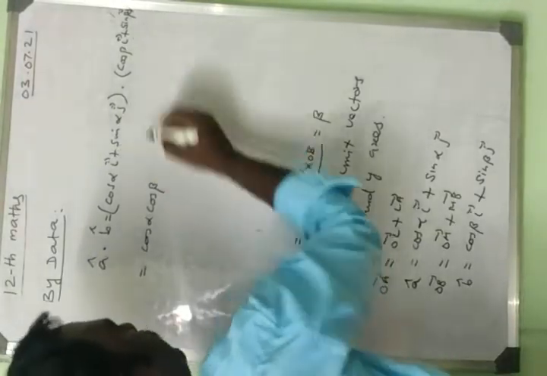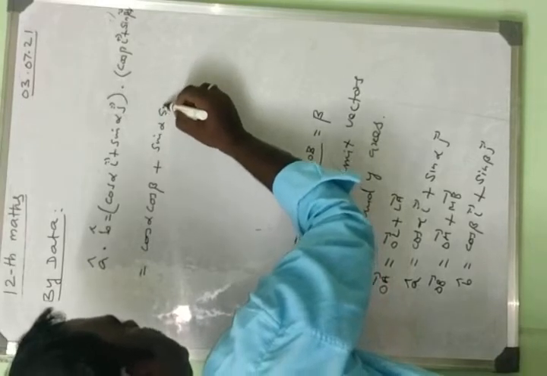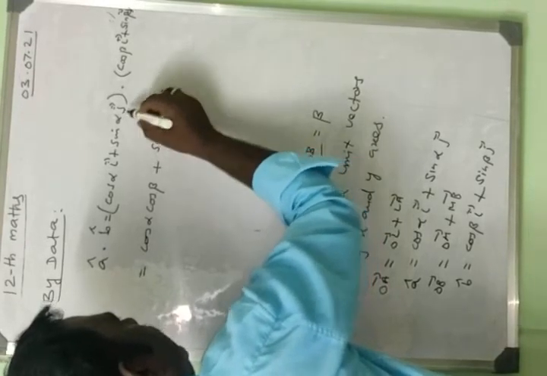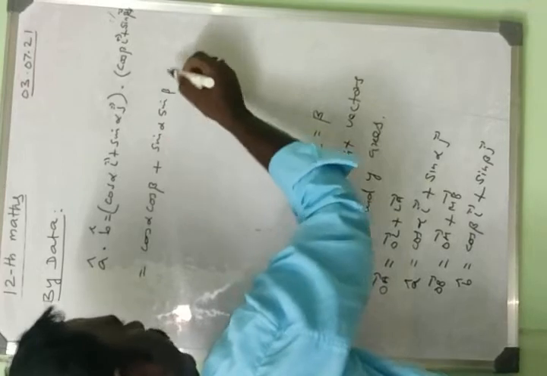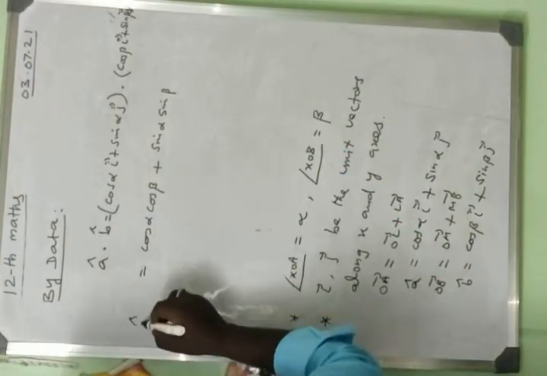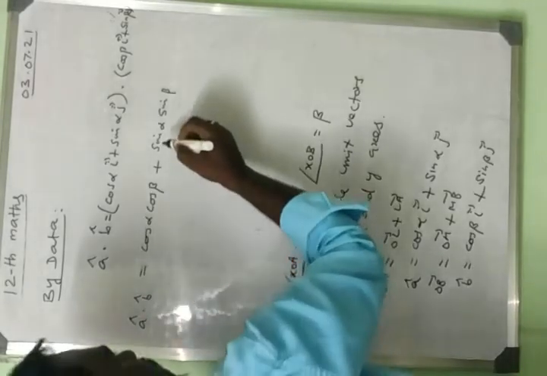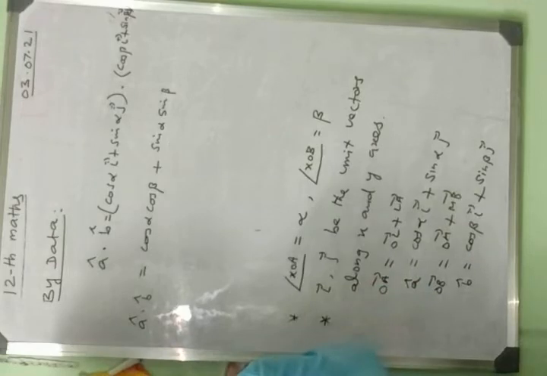Here also plus sin alpha sin beta, vector j dot vector j, we get 1. So we get cap A dot cap B equal to cos alpha cos beta plus sin alpha sin beta.